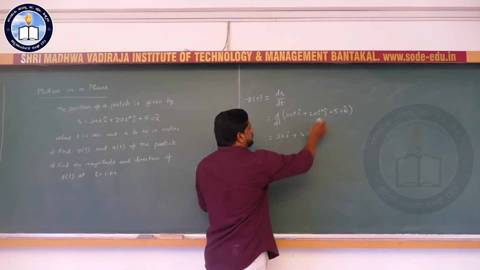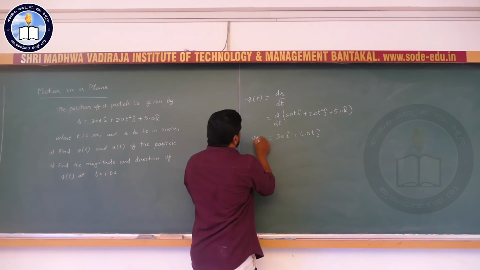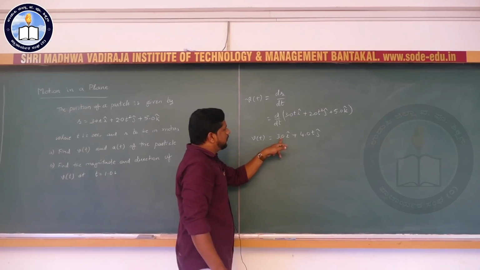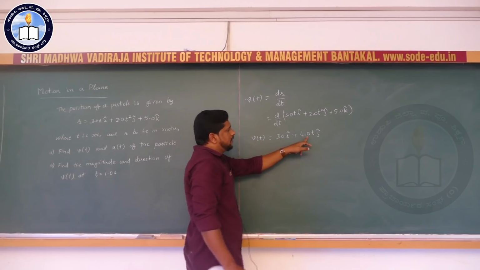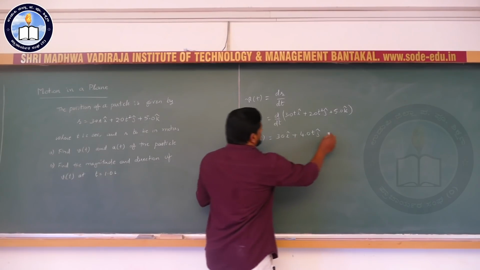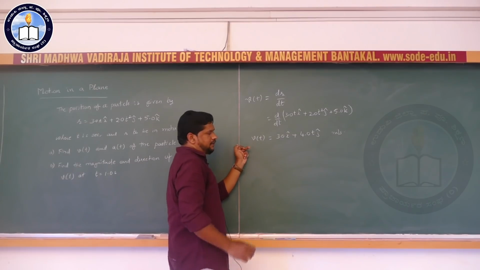There is no t term, so the derivative of a constant is 0. Therefore velocity as a function of time will be equal to 3.0 i cap plus 4.0 t j cap, in meters per second. So that will be the velocity.